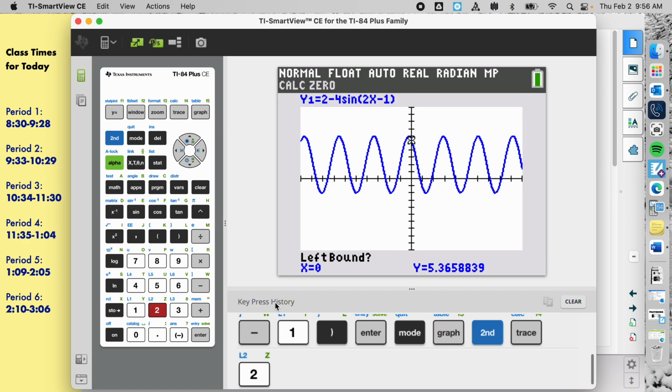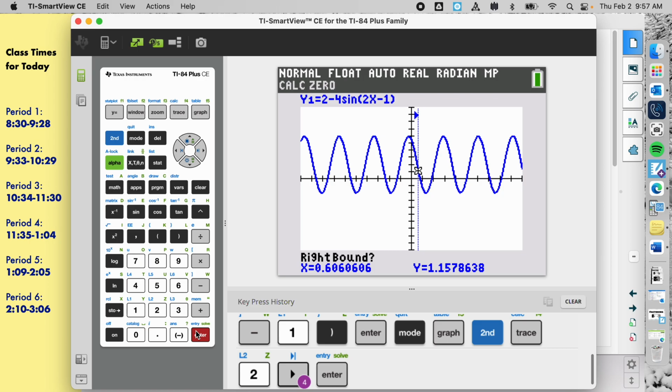Don't you just put it to the left of the 0? Correct. Left bound means it wants to know where the left side of where it should look. You're telling the calculator where to look. Because there's a lot of zeros on this picture, it needs to know where to look. So I'm going to move it to the left of the 0. That's the left bound. When you hit enter, you should get a dotted line. Are we okay with that?